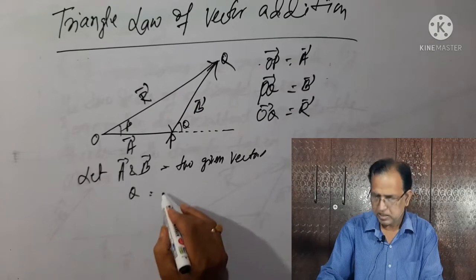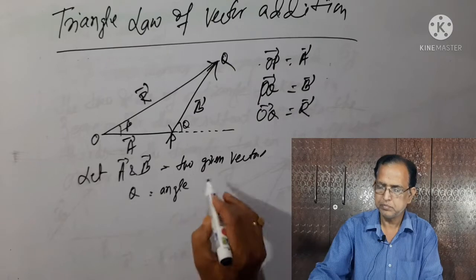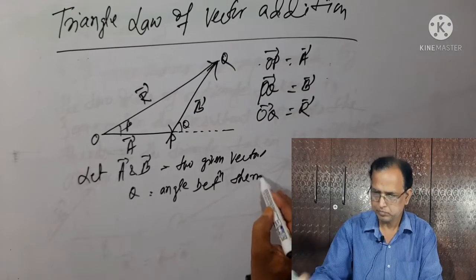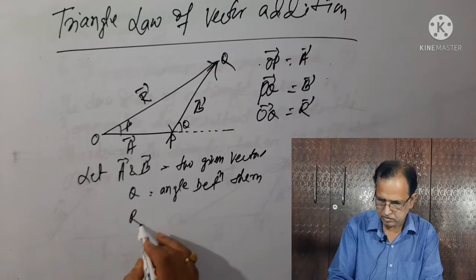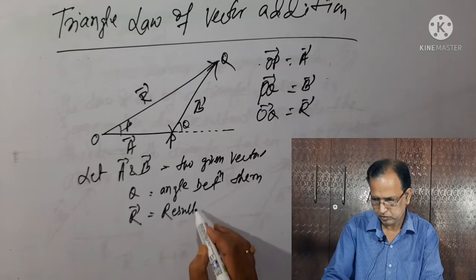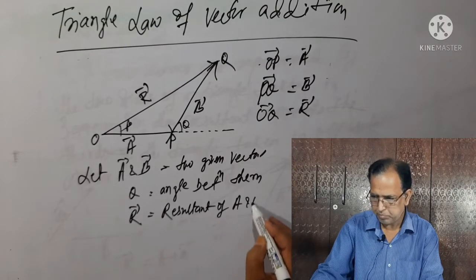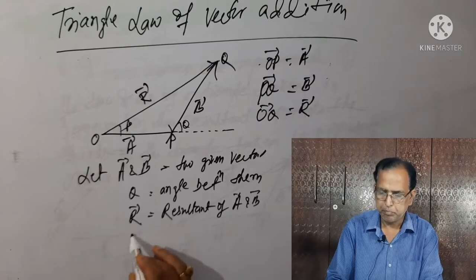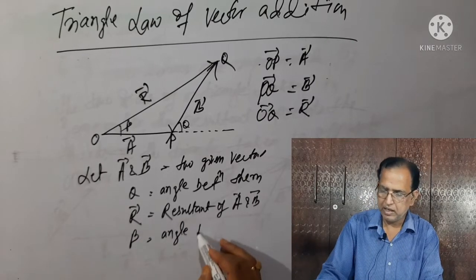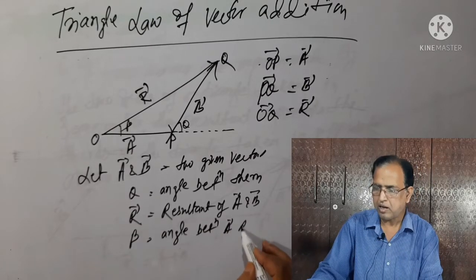Theta is the angle between them. R is the resultant of A and B. Beta is the angle between A vector and R vector.